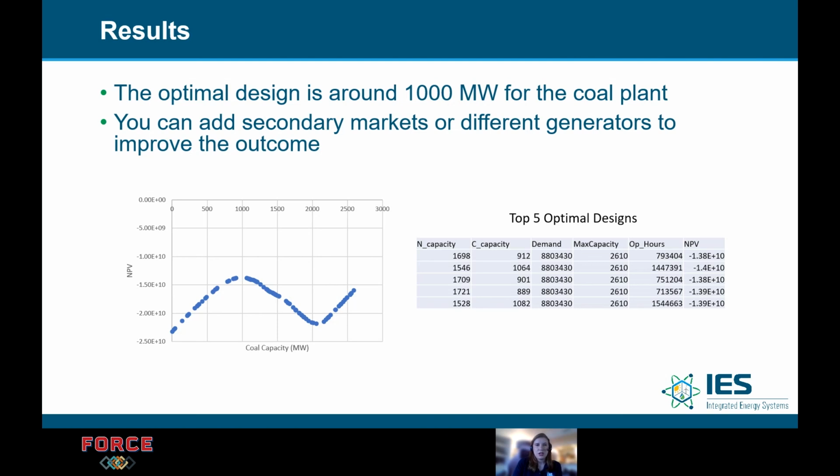But I also bring this up because you can add a secondary market other than just your electric market. So I've added a hydrogen market that figures out how much time the nuclear plant is running but not selling. Then I take those megawatt hours and count them as generating hydrogen and selling hydrogen.